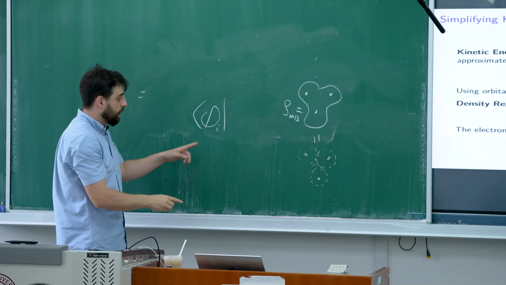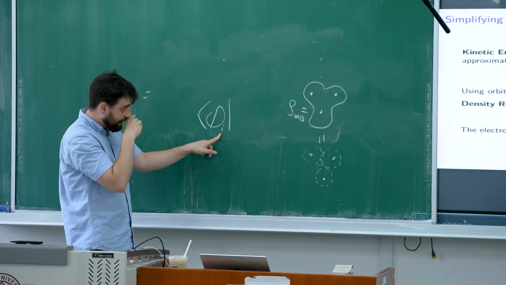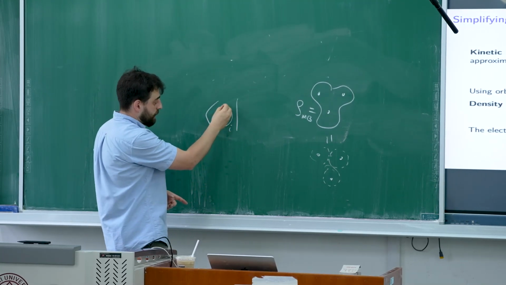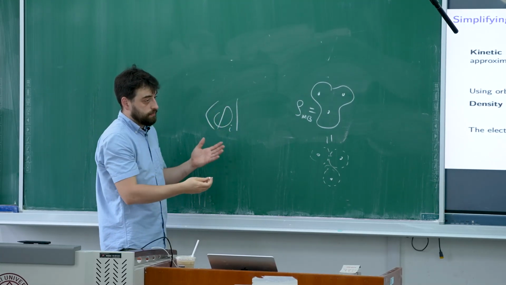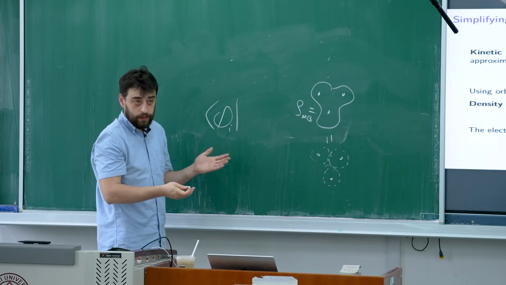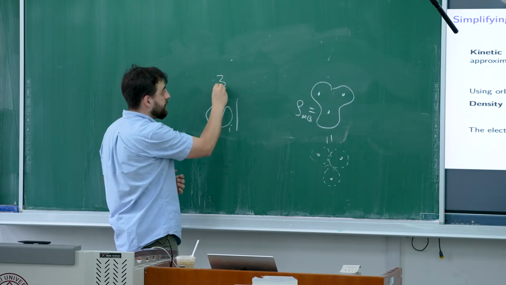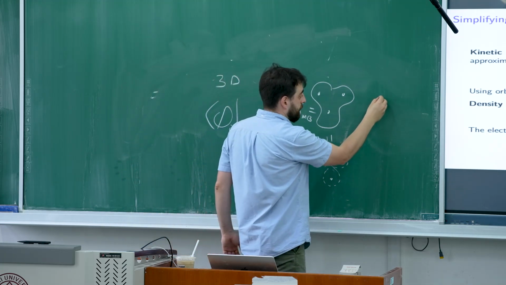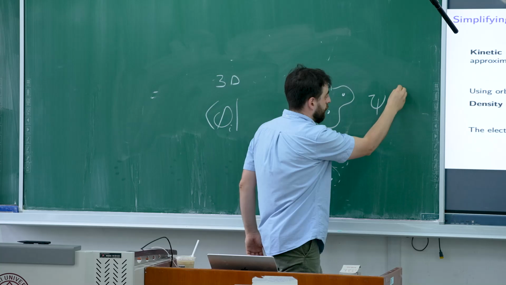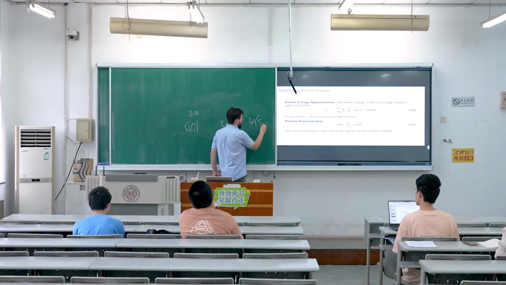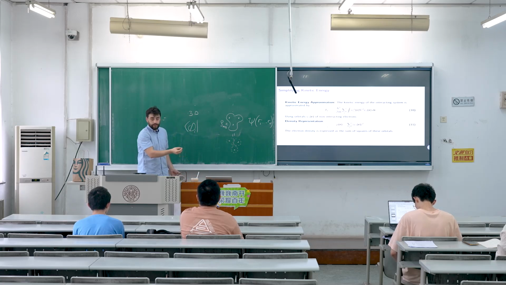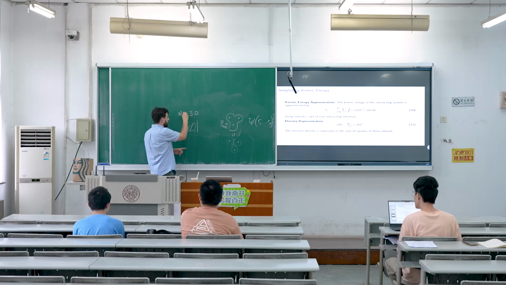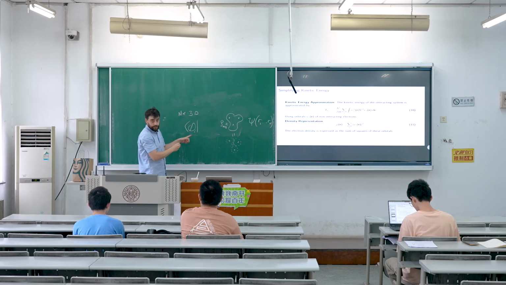So we've got an index over the particles, and so every electron has one set of orbitals in three dimensions, okay? Unlike the many-body wave function, which has 3N dimensions, okay? So that we can't represent, but we can represent N times 3D wave functions, okay?